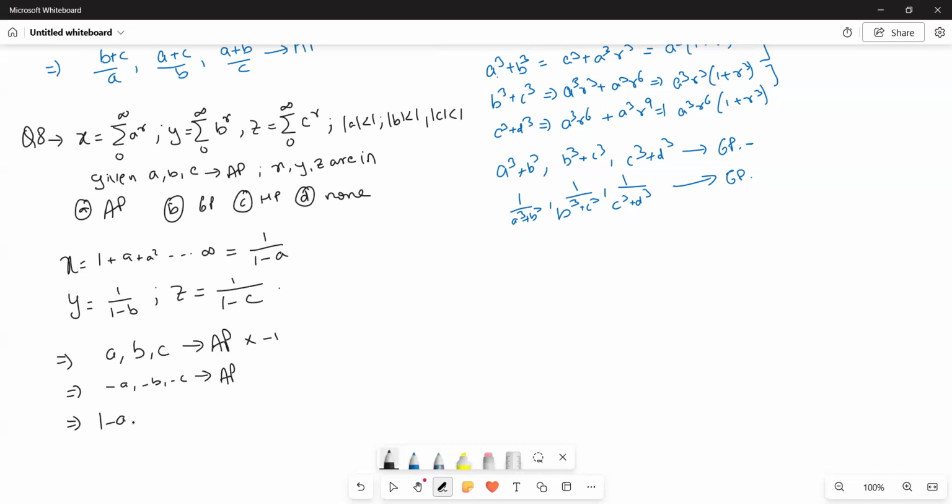And this would imply 1 minus a, 1 minus b, 1 minus c is also in AP, adding 1 to all the terms. But if 1 minus a, 1 minus b, 1 minus c is in AP, what will happen to X, Y, Z? X, Y, Z would be in HP. Reciprocal of an AP is HP.